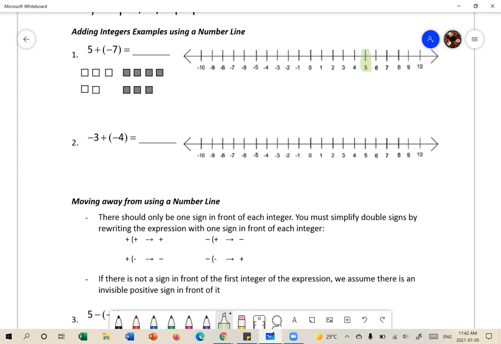So that -7 is going to tell us that we need to move to the left 7 units. 1, 2, 3, 4, 5, 6, 7. We land at -2. So 5 plus -7 is -2.